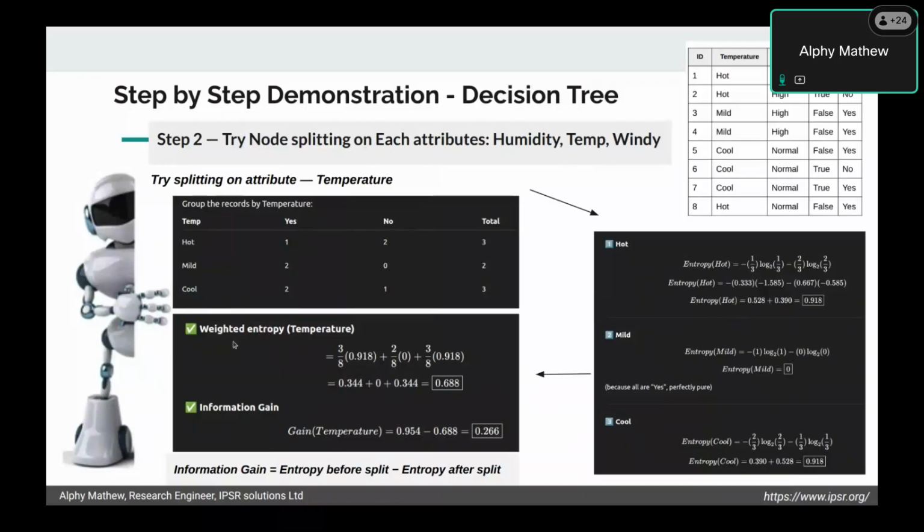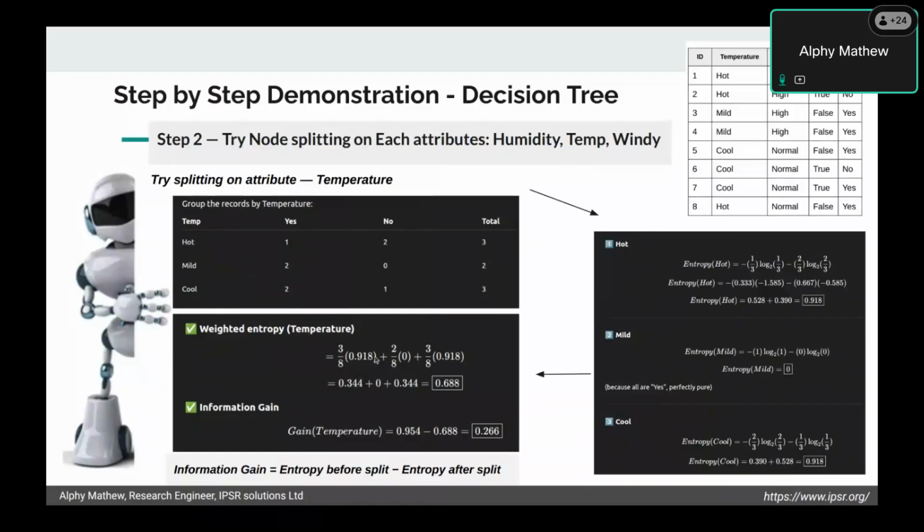To find the weighted entropy, we combine the three entropies using the size of each group. Hot group size means 3. Out of 8 observations, how many hot are there? 3. Then how many mild are there? 2. How many cool are there? 3. So P of hot is 3 by 8, P of mild is 2 by 8, and cool is 3 by 8.